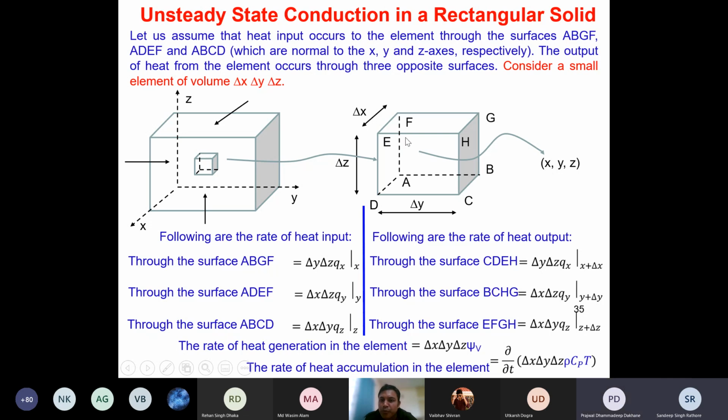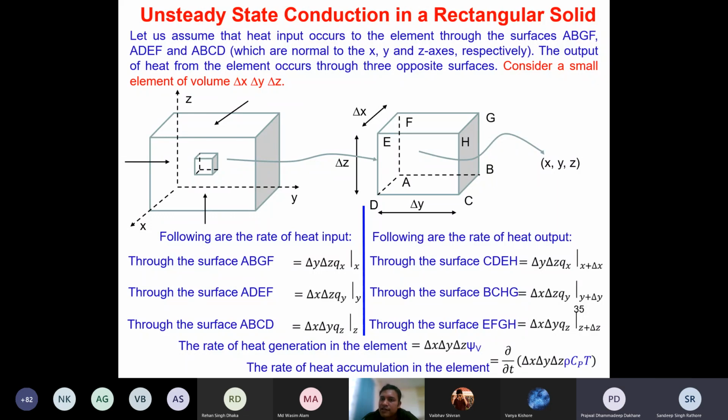For instance, the face opposite to ABGF is EDCH. So the heat is taken out from the faces opposite to all those we have assumed. Is it clear to everyone what we are looking at?